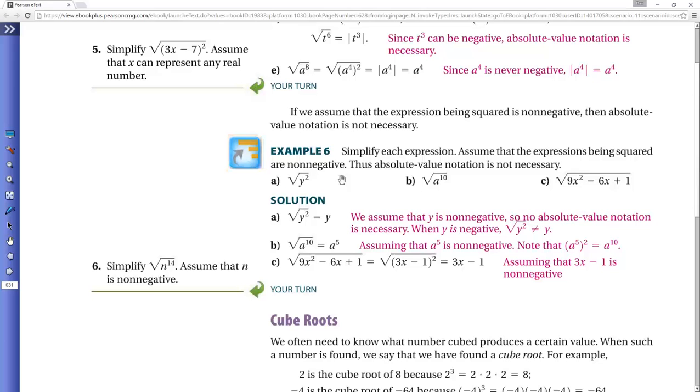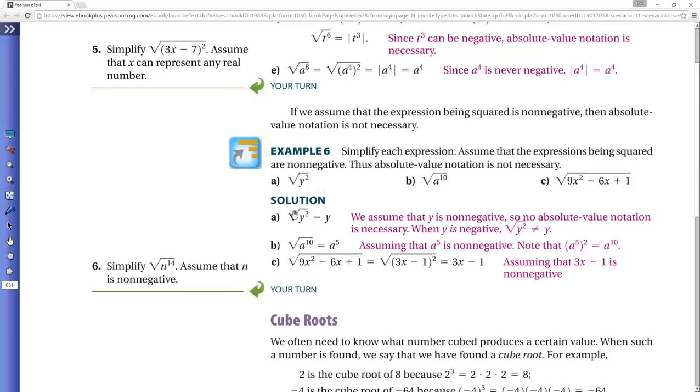So we go through some examples here, and let's look at this example 6 stuff here. It says simplify each expression. Assume that the expressions being squared are non-negative. That's a big part of this deal, because what they did is say, hey, let's just avoid the absolute value thing for now.